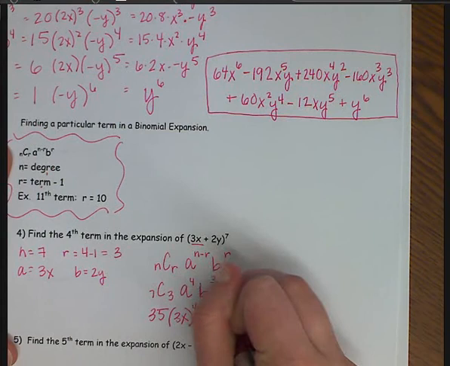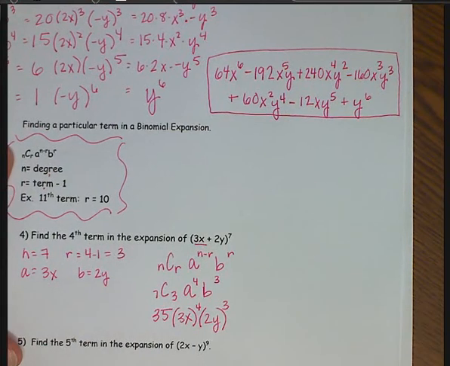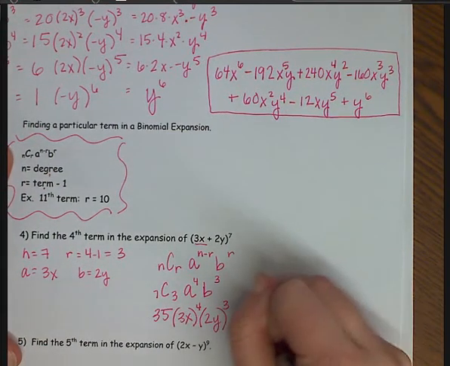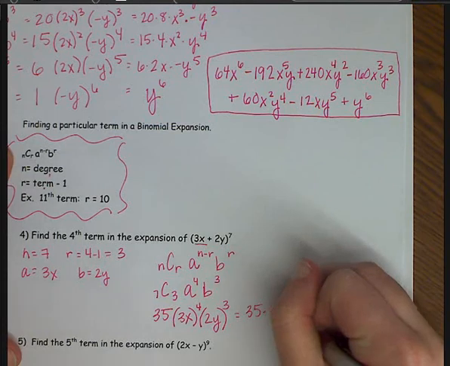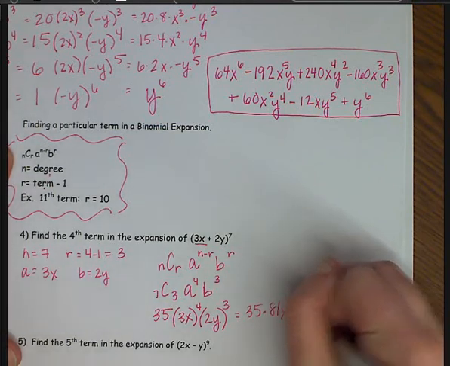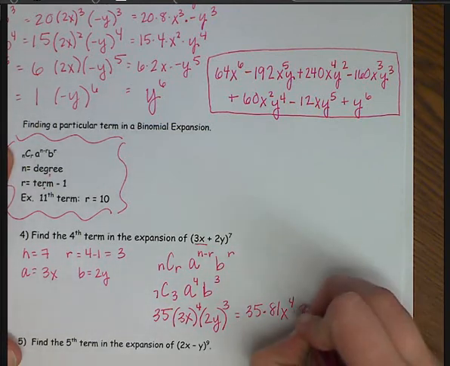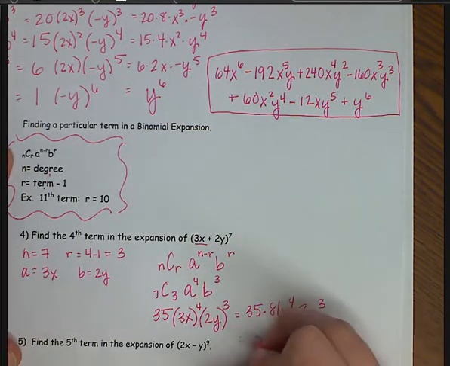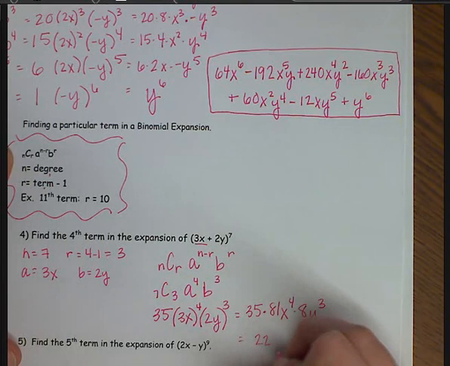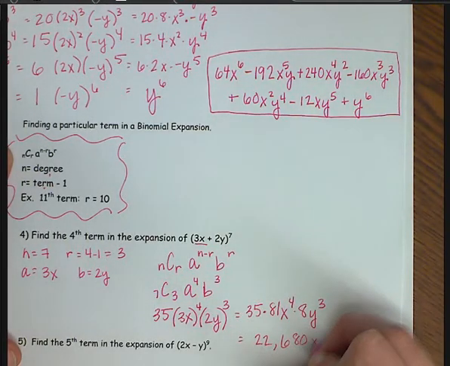So if I multiply all of that out, I get 35 times 3 to the 4th, which is 81, x to the 4th, times 2 cubed, which is 8, y cubed. So I'm going to multiply out that 8 times 81 times 35, and I get 22,680 x to the 4th y cubed.